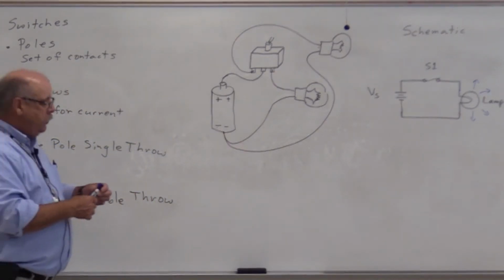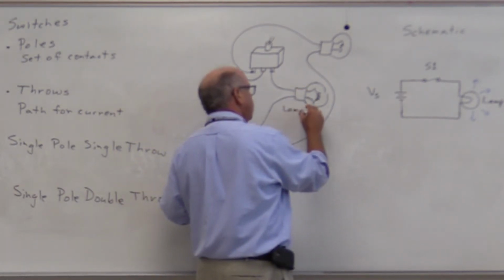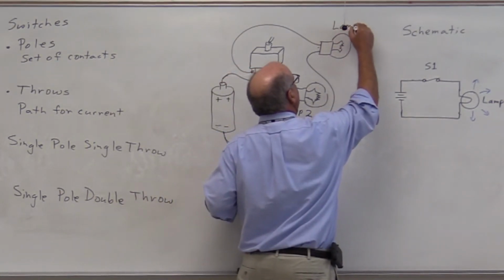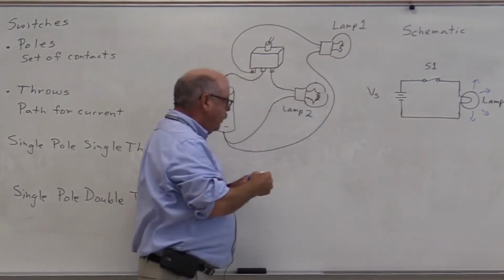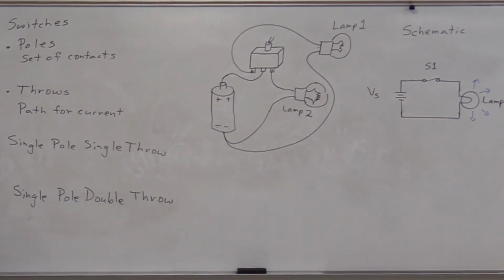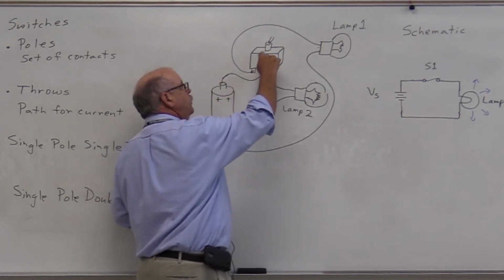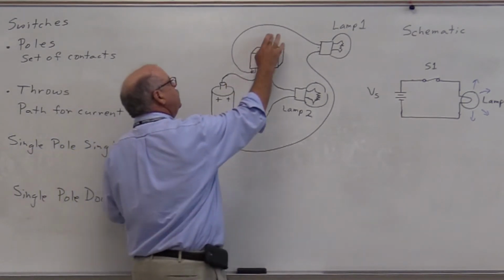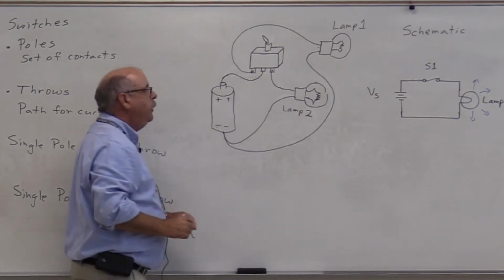So we can either turn on lamp 1 or we can turn on lamp 2 depending upon the position of the switch. If the switch is in this position, current flows through the switch to lamp 2, and in this position, current flows through lamp 1.